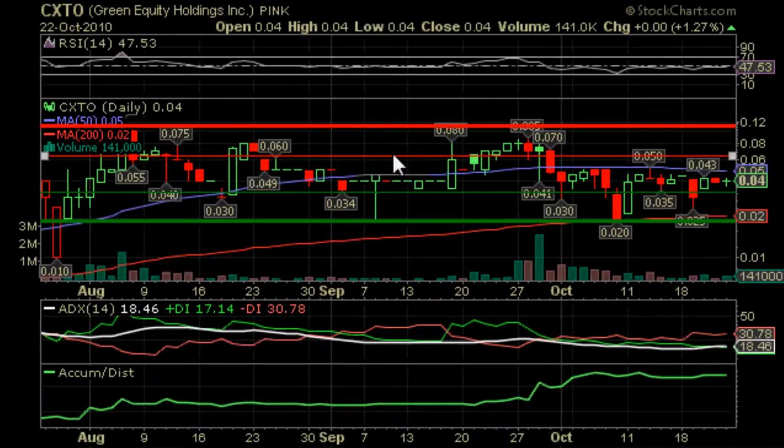The reason we're picking 0.06 is because it represents a 50% gain from these levels, and a 50% gain is almost always a level of psychological resistance. Now, if we can break that level, there's no real resistance until the next psychological level, which should be around 0.08. So keep that in mind.